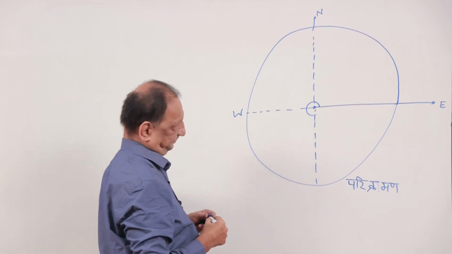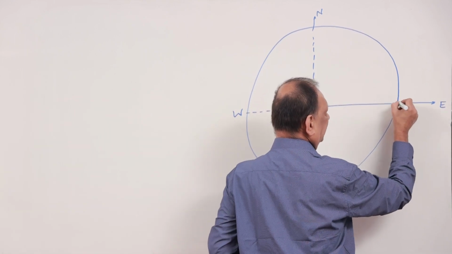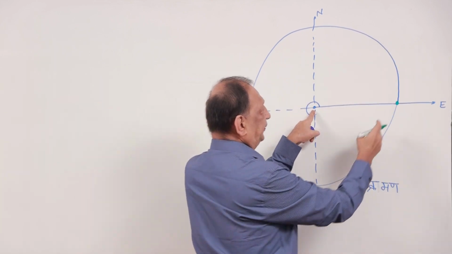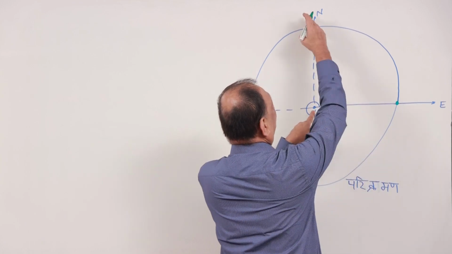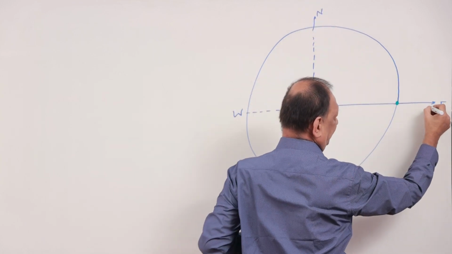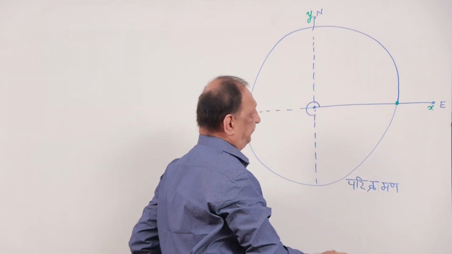And when we do that, what happens is that the person who is walking on the circle, if you look at the center, he is, and the two axes, we got the x-axis and y-axis basically. The two axes, east is the x-axis, north is the y-axis.